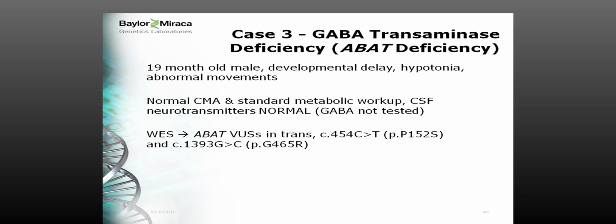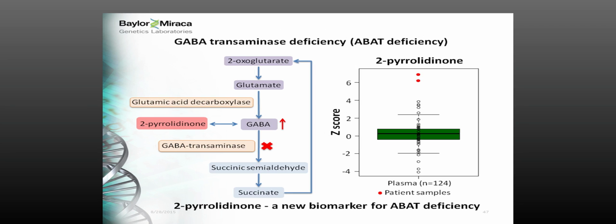Whole exome sequencing was done, and the ABAT gene, again, showed 2 variants of uncertain significance in trans that are shown here. And again, on the left, showing you the pathway, a block in GABA transaminase prevents the conversion of GABA to succinic semialdehyde.